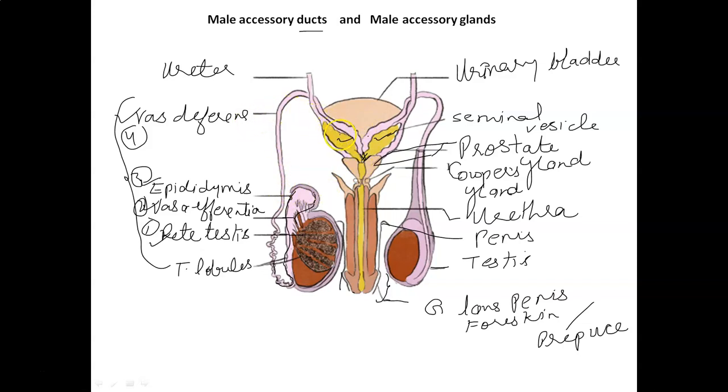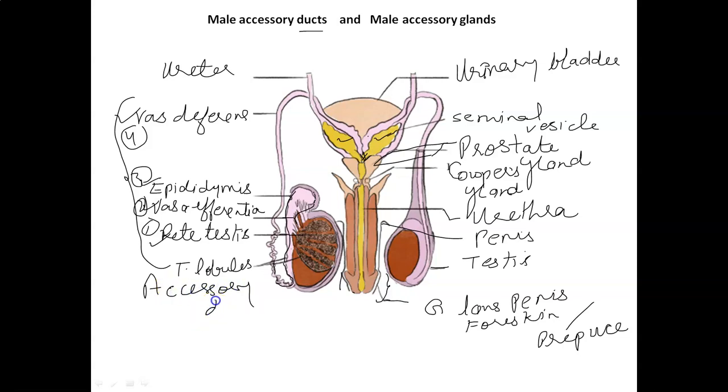They have the important function of transferring the sperm from the male reproductive organ, the primary sex organ, to the part from where these sperms will be released into the female reproductive tract. So these are actually accessory ducts.